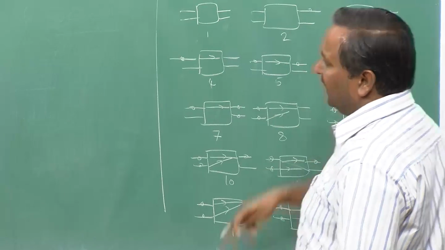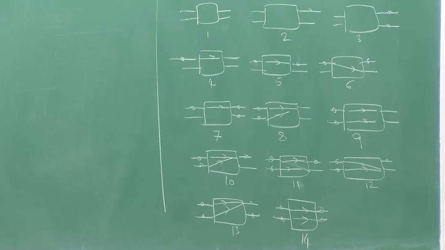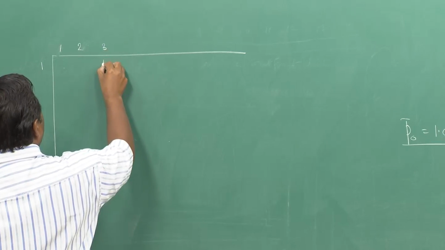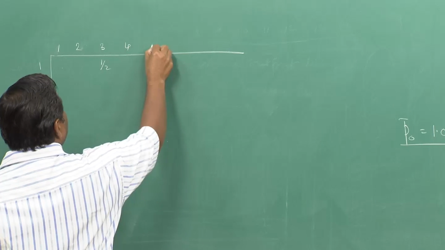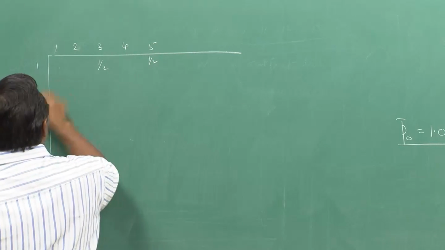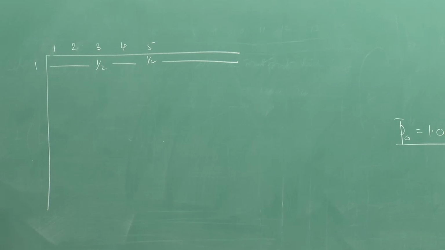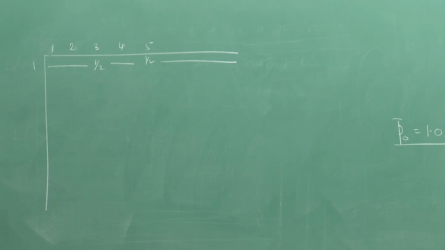So, between 3 and 5 it will be happening with half probability. You can go from 1 to 3 with half probability, and you can go to 5 with half probability. This is surely going to happen, there is no estimation required, because this is stage 0 which I am talking about.